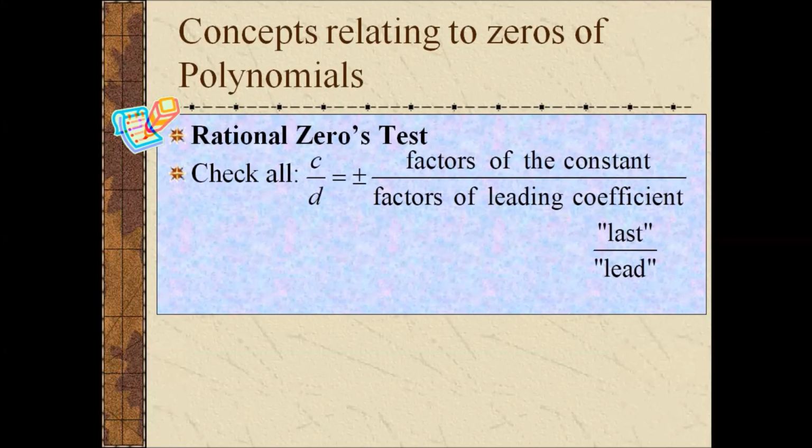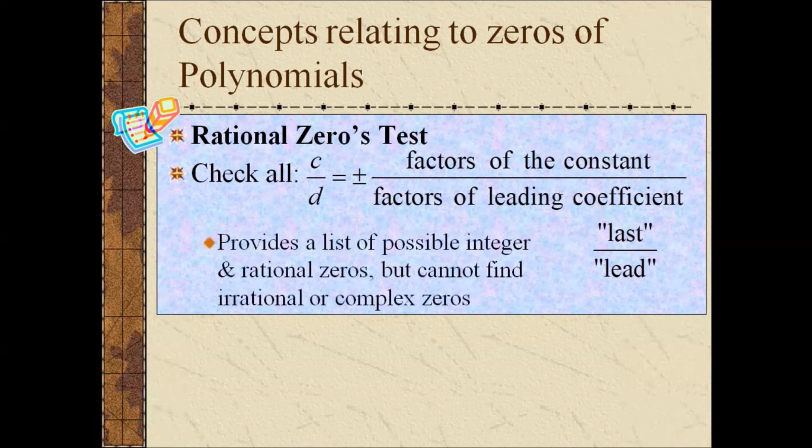When we create all of these fractions, it provides us a list of possible integer or rational zeros. Now, this list is not going to include any irrational or complex zeros that your polynomial may have, but it does give you a good list to start from.